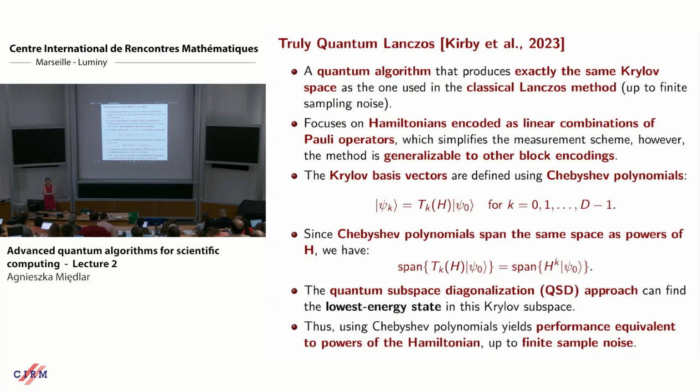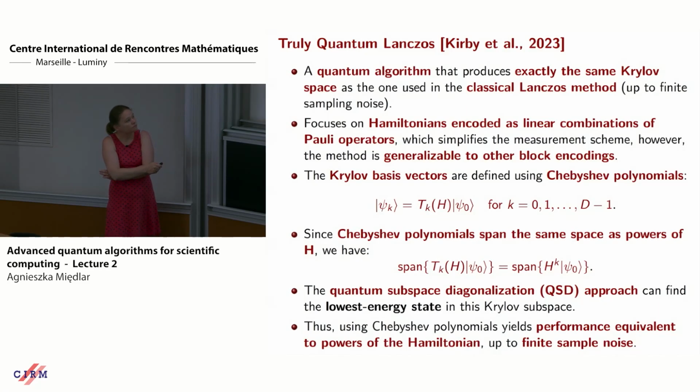The Krylov state will be nothing else than applying the Chebyshev polynomial evaluated on the operator H, the Hamiltonian, to the initial state. It is like applying the powers of the Hamiltonian, up to order D, to your initial state. That's why we needed qubitization, because I need to be able to do this.